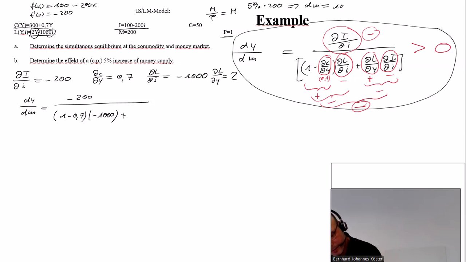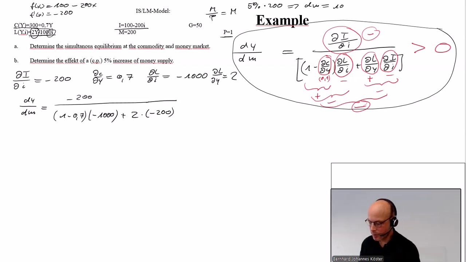Plus del L del Y was 2, del I was times minus 200.